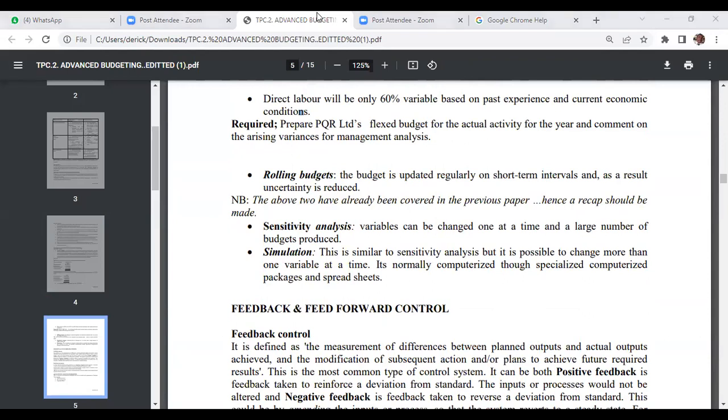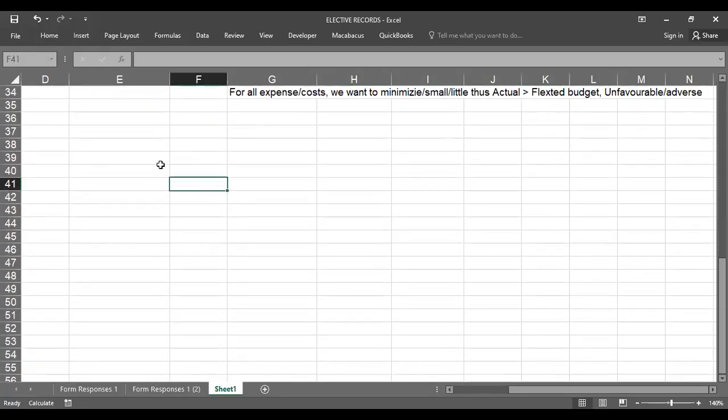For a rolling budget, since I don't have it here and I'm not going to look for it, let me illustrate. If it is an annual budget, it has 12 months, January, Feb. Let's use quarters because it would be too long. It has 4 quarters, so we say quarter 1, 2, 3, and 4.